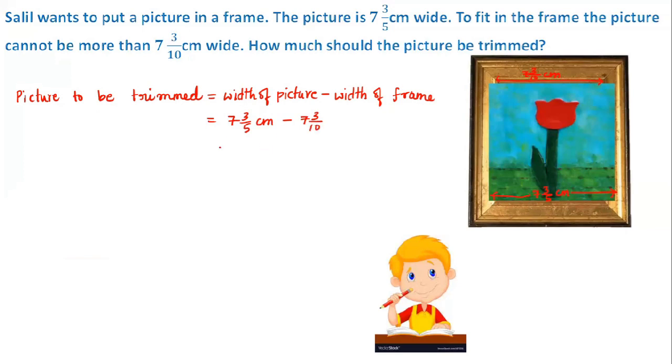So how much should the picture be trimmed? You have to subtract the width of the frame from the width of the picture. Now 5 7s are 35 plus 3, 38/5, minus 10 7s are 70 plus 3, 73/10.